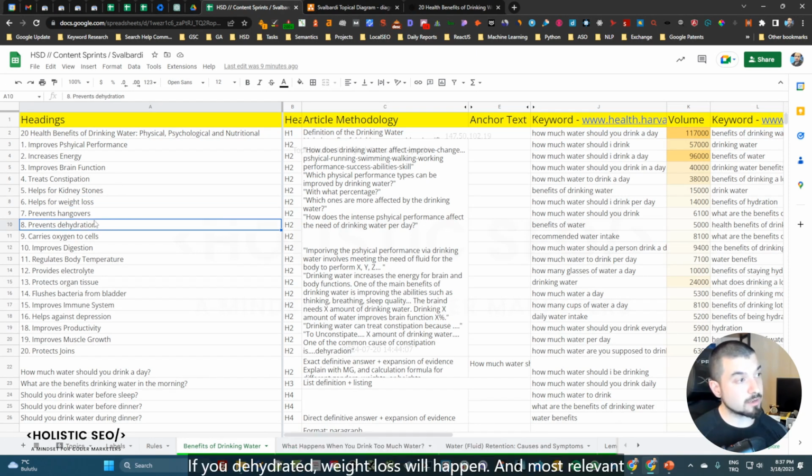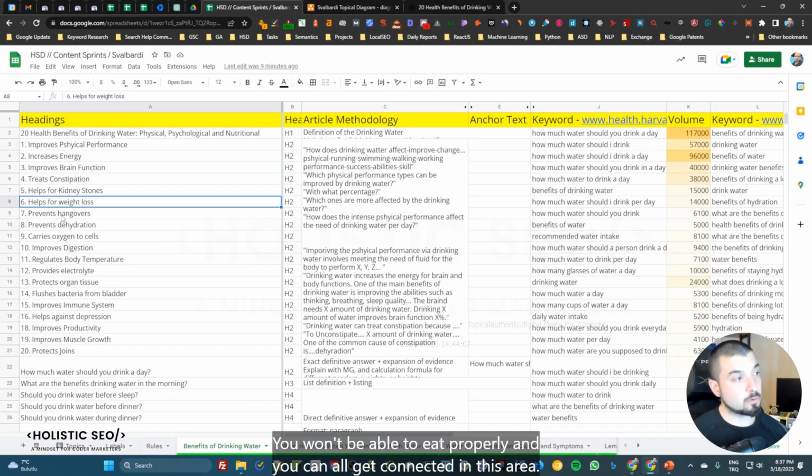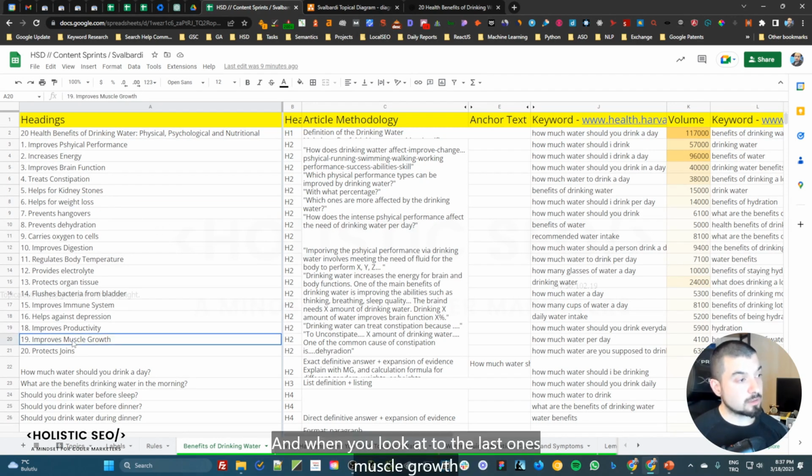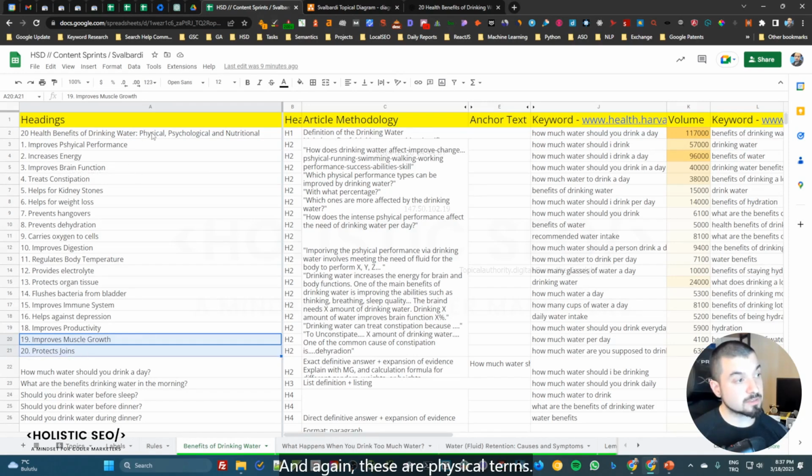If you dehydrate, weight loss will happen, and most probably when you have a hangover, you won't be able to eat properly, and you can again connect it in this area, or it might be the opposite effect. And when you look at the last ones, muscle growth and the joints, you can directly unite these to each other, and again these are physical terms.